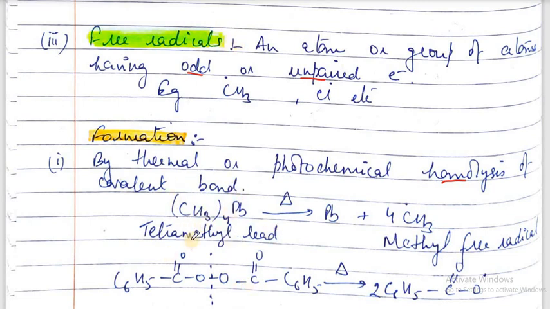As in this example, it is tetramethyl lead. Tetramethyl lead on heating gives lead plus 4 methyl free radicals.